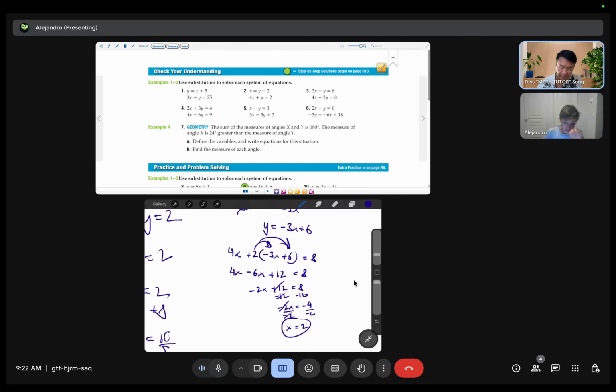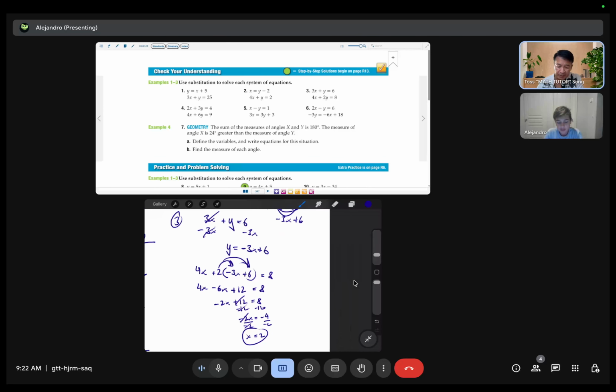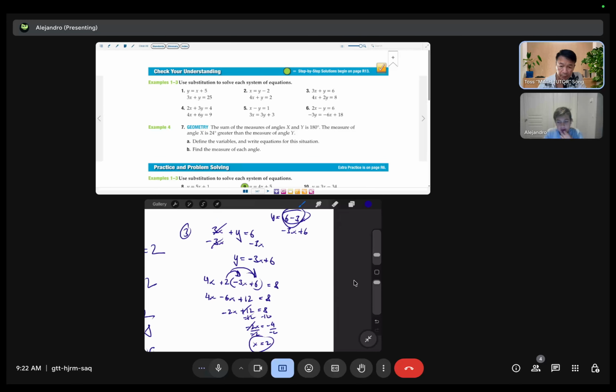You got this one first. Here we go. You're allowed to plug it wherever you want, even into a step you already have written. So I'll plug it in right here because y is by itself, you see? I'll put it out to the side here. y equals negative 3 times 2 plus 6.